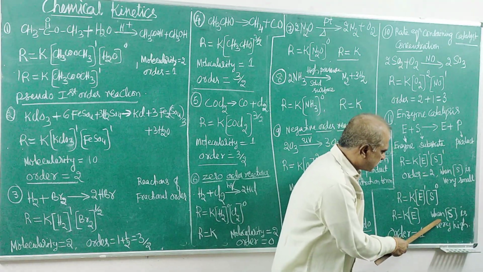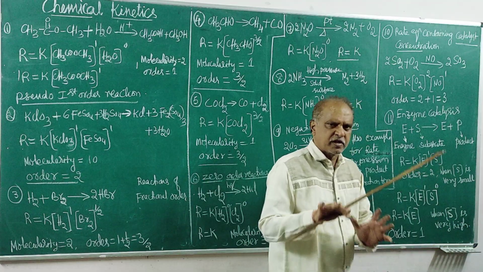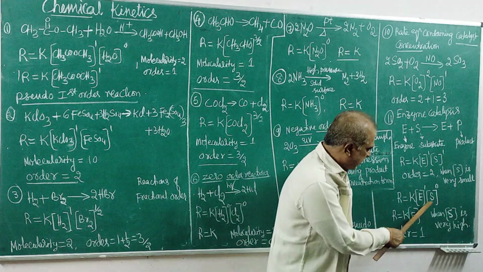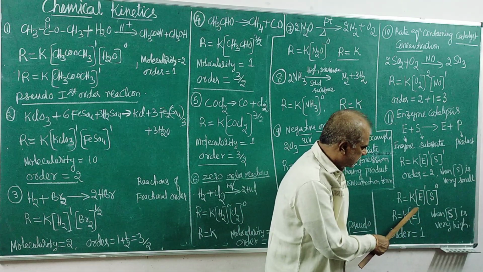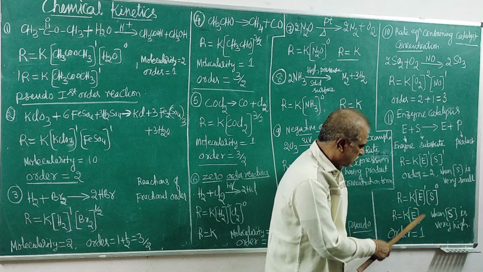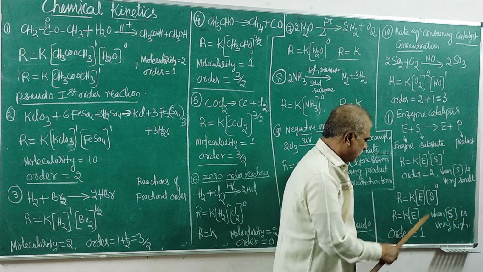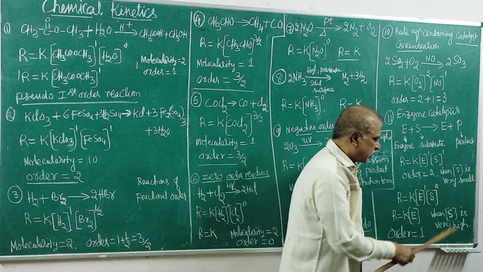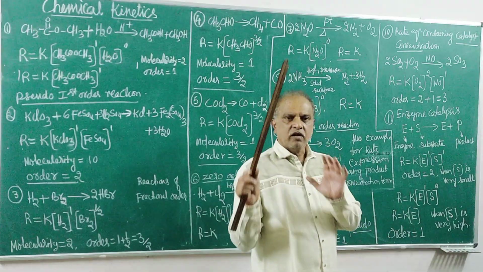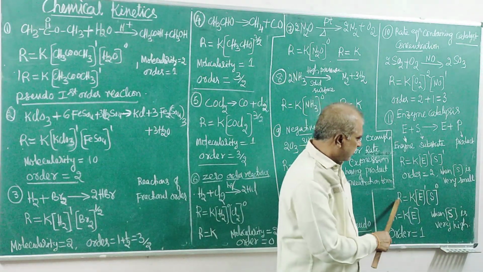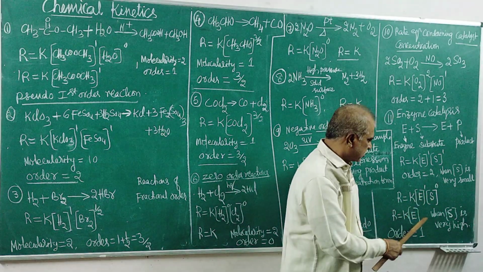When the concentration of reactant is very high in the cell, the rate is not depending on this, it is depending only on the enzyme concentration. So order is 1. Order is 2 when substrate concentration is low, and order is 1 when it is high. But anyway, whether the reactant has lower or higher concentration, the rate of reaction depends on the concentration of enzyme.